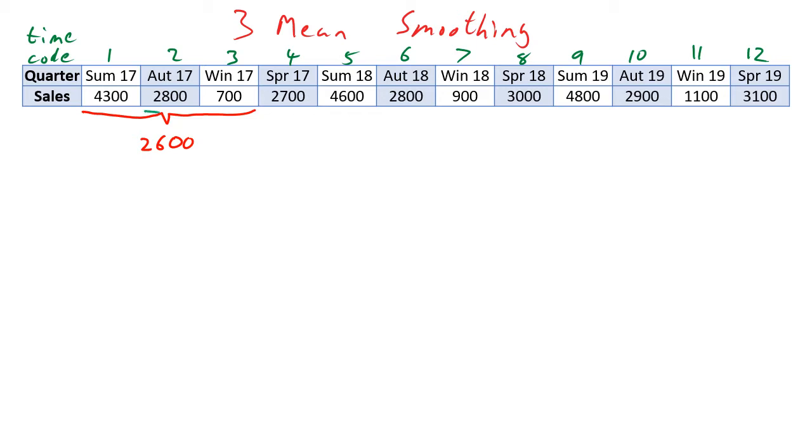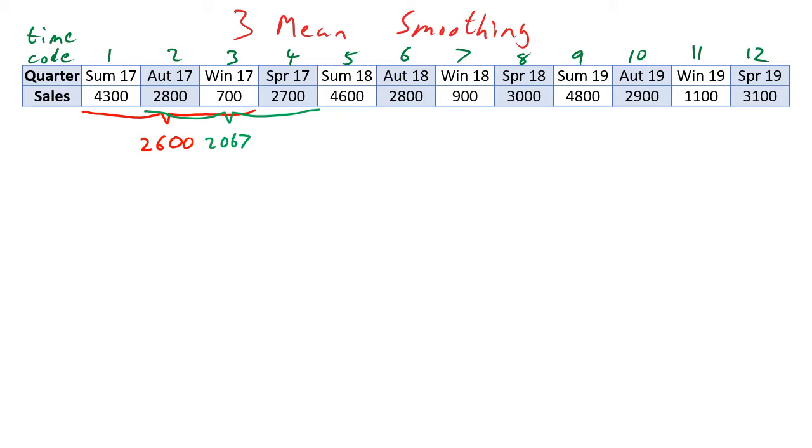This is the next group of 3, and you can see it's centered on number 3. If you average those 3 out, you get roughly 2,067. I'm going to do a bit of rounding off.